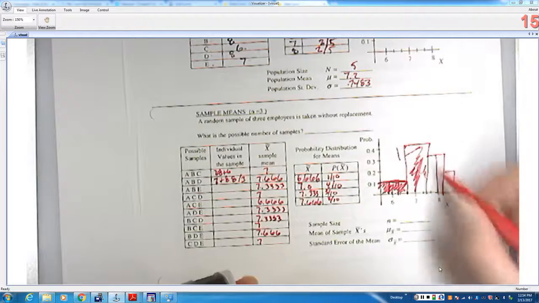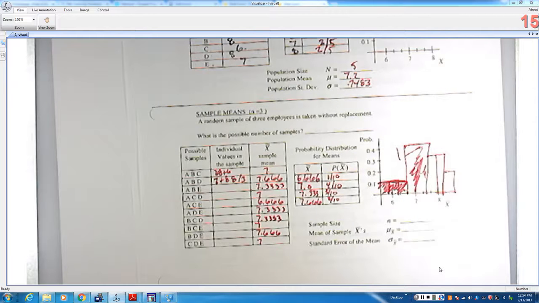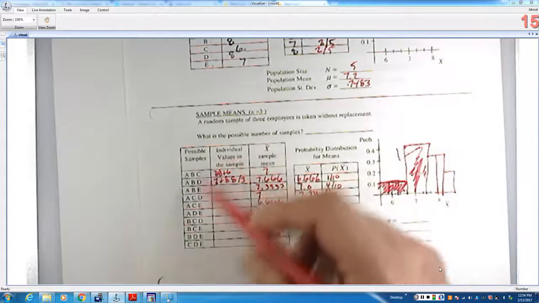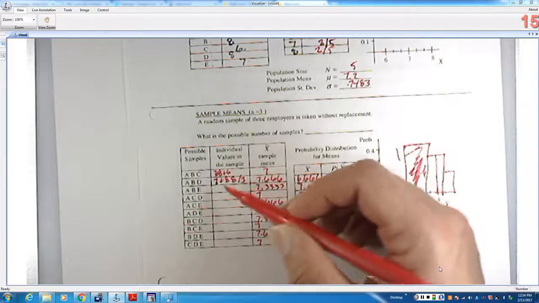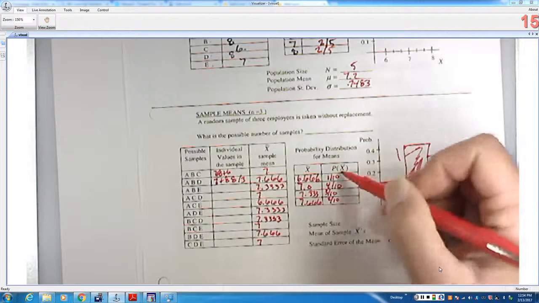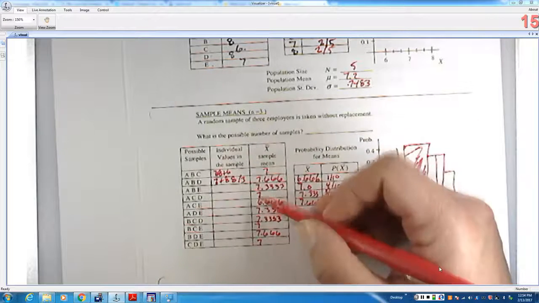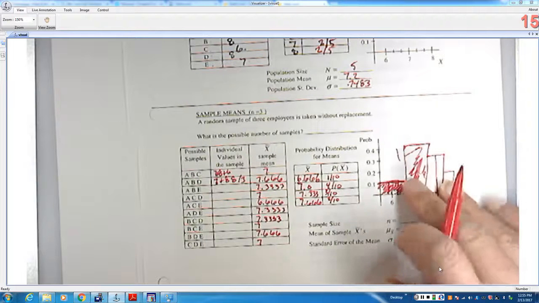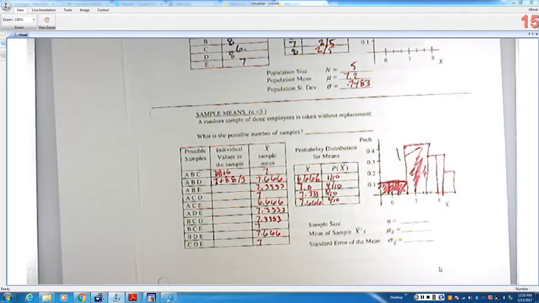So you're going to have a distribution like that, correct? So that's what we're doing there. Basically, what I want you to understand is that from these sample mean values, we found a probability distribution of these sample means, and we made a representation of it through a graph.